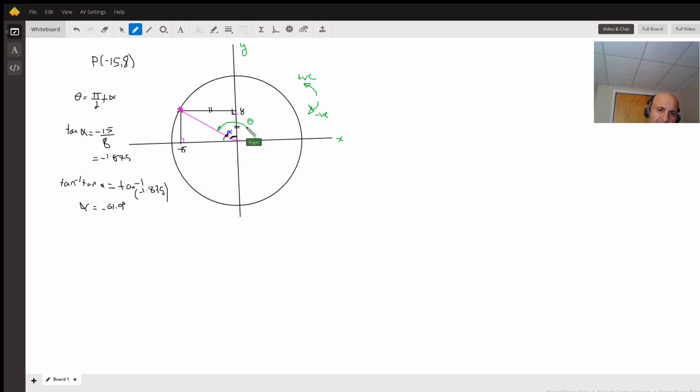But when we move counterclockwise, we're going to add back here, theta is going to be 90 degree, pi over 2, plus this angle alpha, which we got 61.9, equal to 151.9 degree. So that angle theta right here is your basic angle.